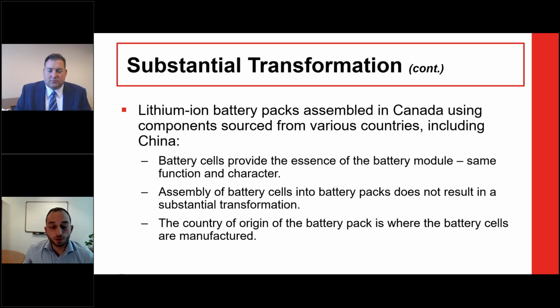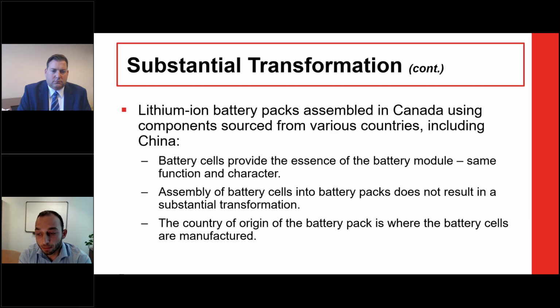Yeah, sure. Thank you so much. So here again, we pulled a recent example from CBP rulings about their substantial transformation analysis for lithium-ion battery packs. In that case, the product at issue was a pack of batteries assembled in Canada, but using components sourced from various countries, including China.